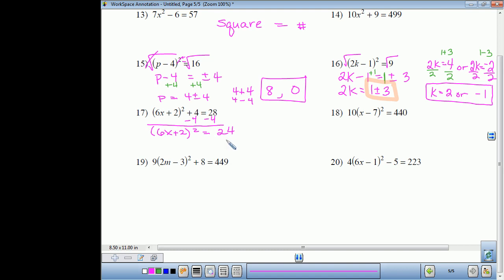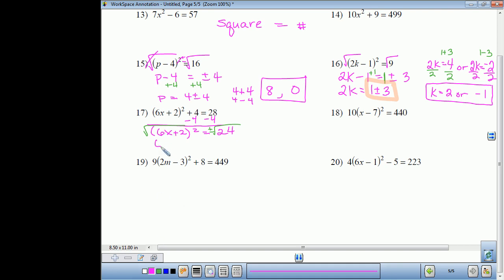Okay, this is a good problem because the 24 is not a perfect square. So we're going to have some extra stuff with our 24. We're not just going to get integer answers this time. So when we take the square root now, because now we just have something squared equal to a number, when you get to that point, you take the square root of both sides.